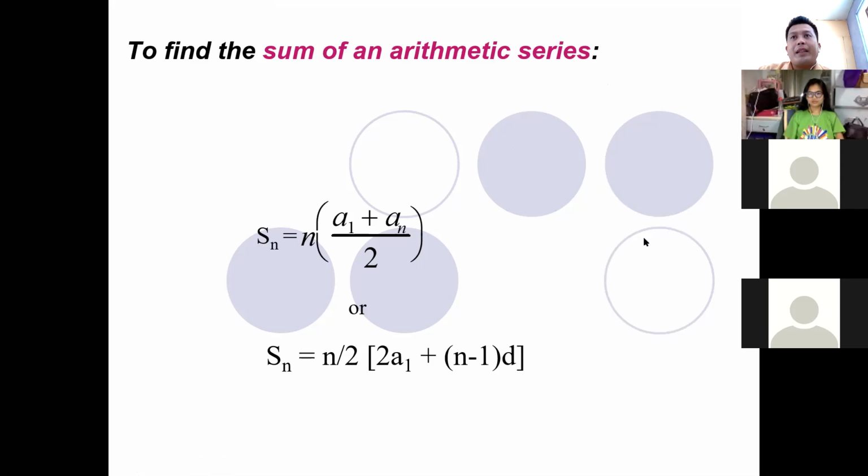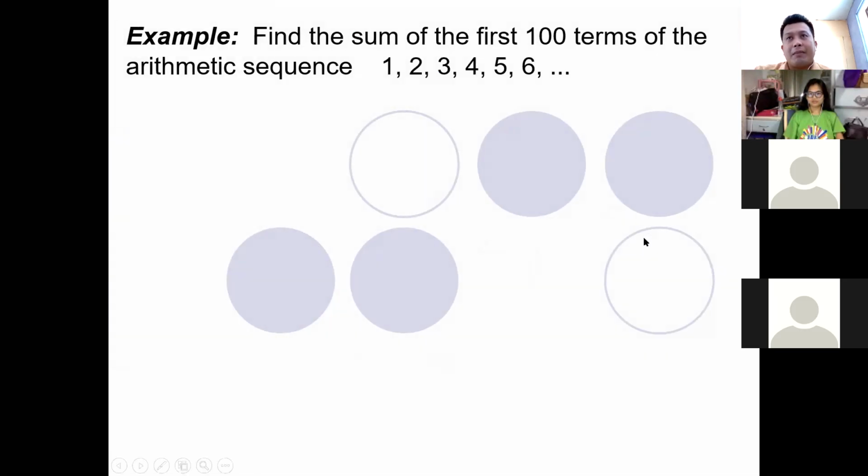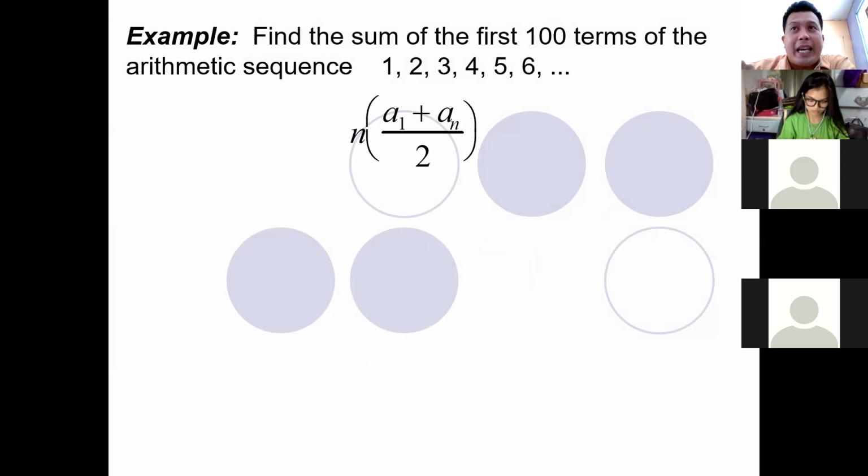Let's proceed with an example, class. Find the sum of the first 100 terms of the arithmetic sequence 1, 2, 3, 4, 5, and so on. Since the first term is 1 and the last term is 100, we can simply use the formula n times the first term plus the last term, divided by 2.